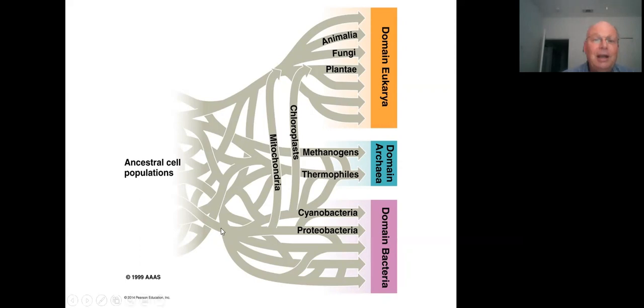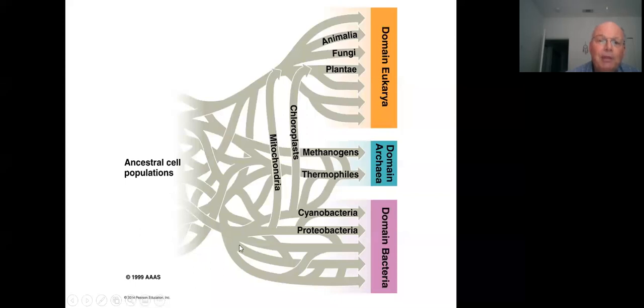And you can see that the artist in this diagram has drawn not a single common ancestor, not a LUCA, but a pool of cells, out of which has emerged, through genetic recombination and sharing of gene sequences, which almost certainly occurred during the early pool of prokaryotes, eventually the three domains as we recognize them today.